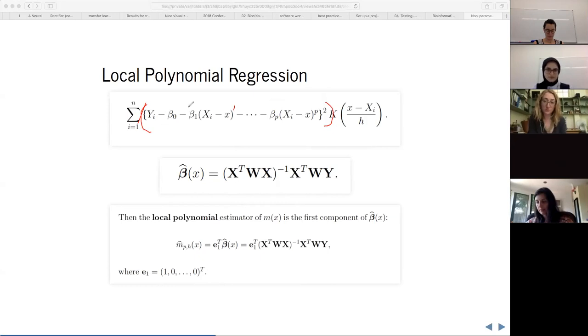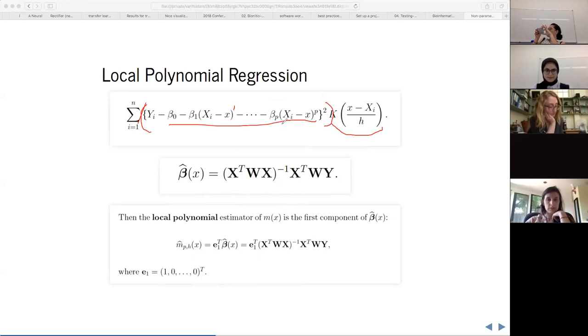You would like to minimize the distance from the response, weighted by the neighborhood, by doing a local weighting.